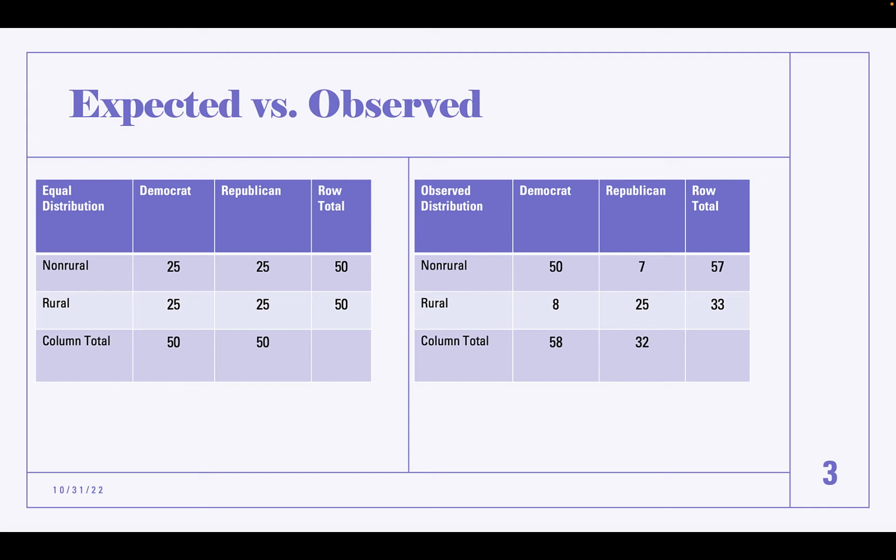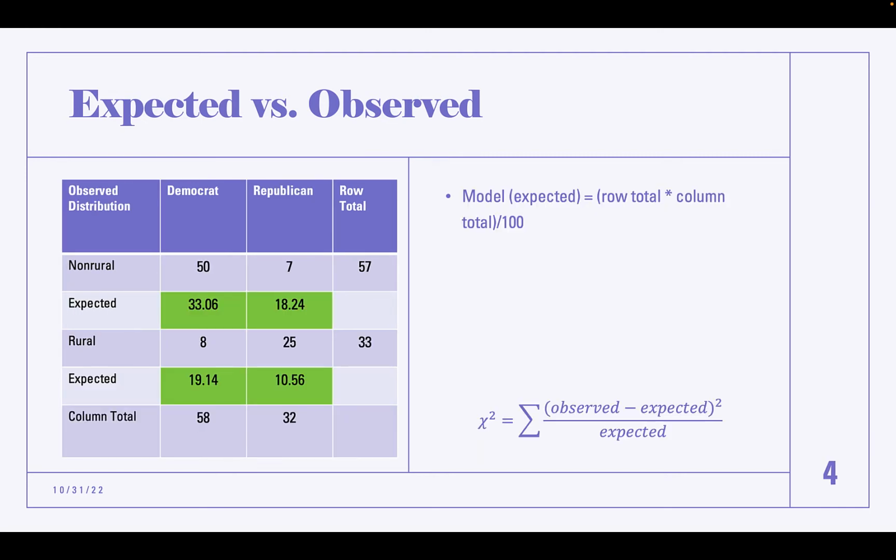But then when we actually went and observed political affiliation by locale, we found different numbers. We found 50 non-rural Democrats, 7 non-rural Republicans, 8 rural Democrats, and 25 rural Republicans.